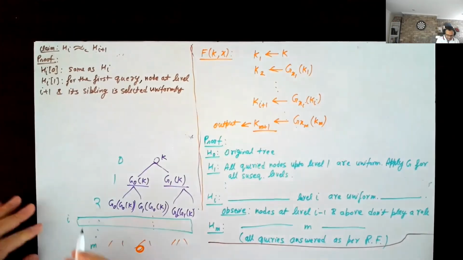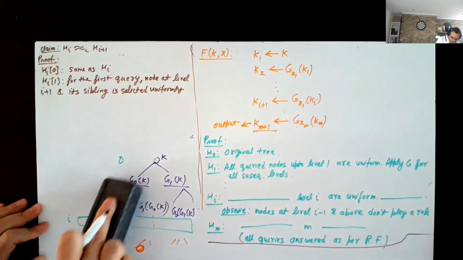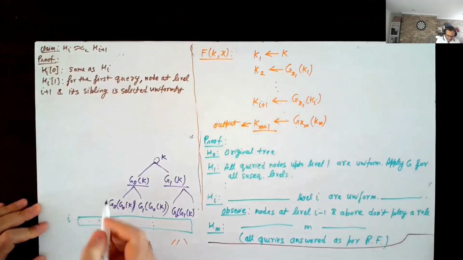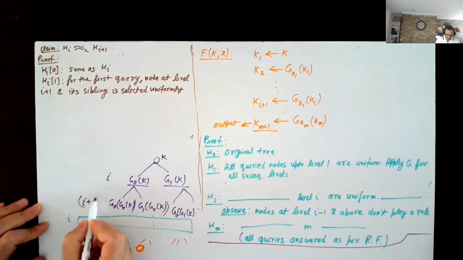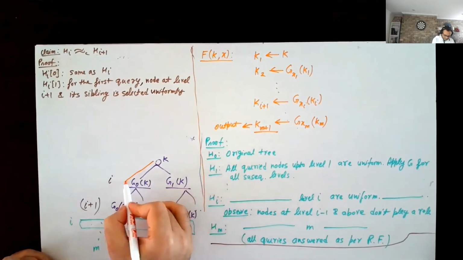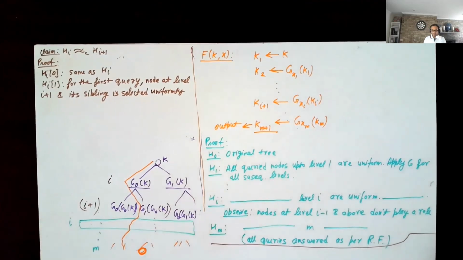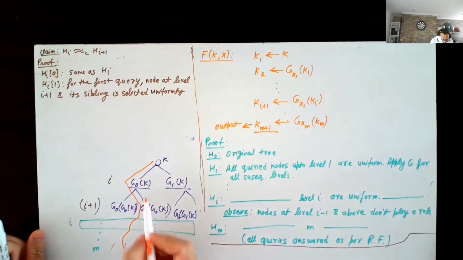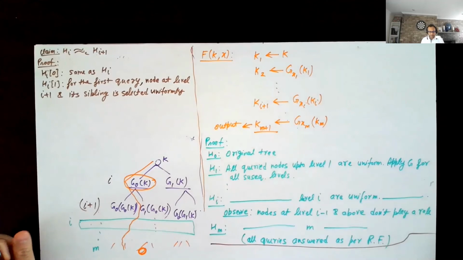Now maybe let's look at the tree, and let's say this was level i and this was level i plus 1. Let's say your query goes something like this, and then it follows some path in the tree. Now what I'm doing is I am removing this invocation of the PRG.